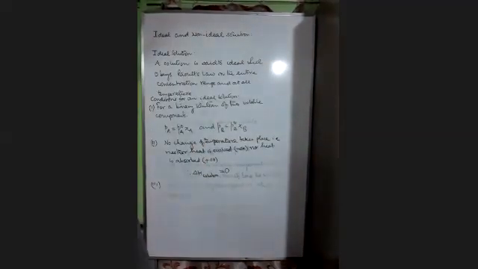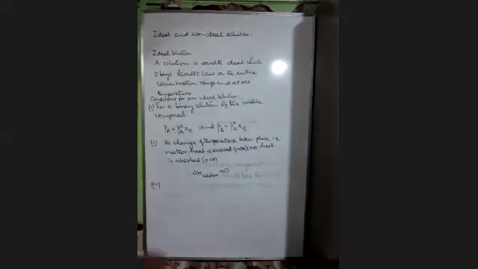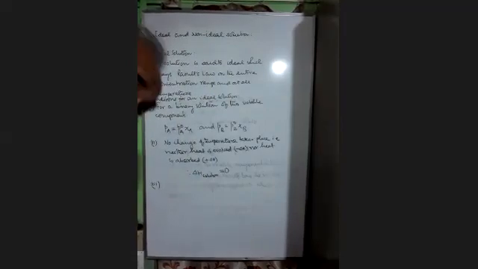Then what is the third condition? If I tell you, you may laugh. Suppose I have added 30 ml of ethanol in 70 ml of water. What should be the total volume? 100 ml, perfectly correct.